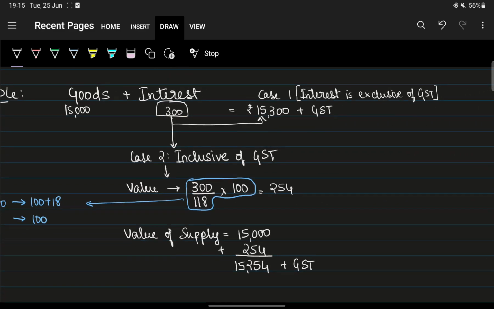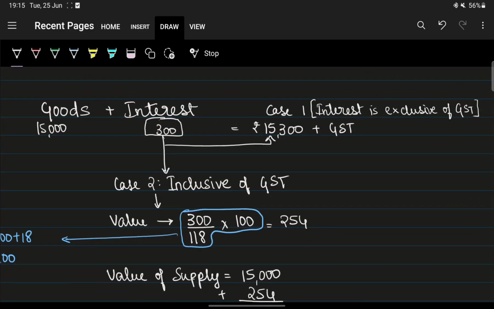When the interest amount charged is given, should we assume it as inclusive of GST or exclusive of GST? If the question has given inclusive or exclusive, then we will treat it as such. Suppose no information is given with regard to inclusive or exclusive of GST, then we will assume that it is inclusive of GST.